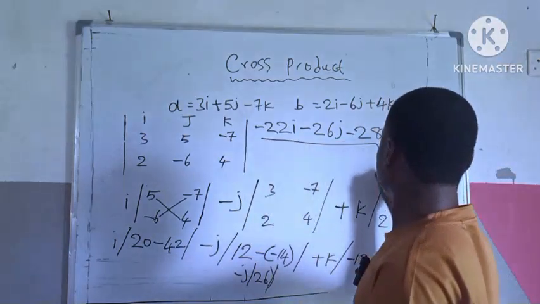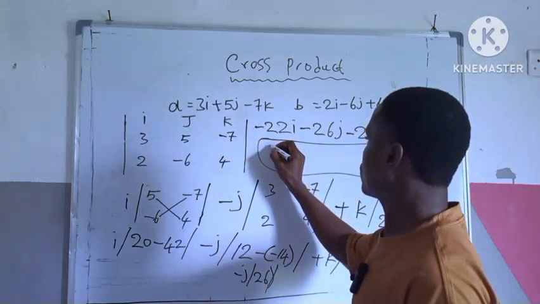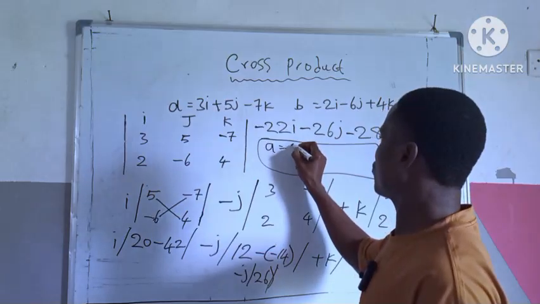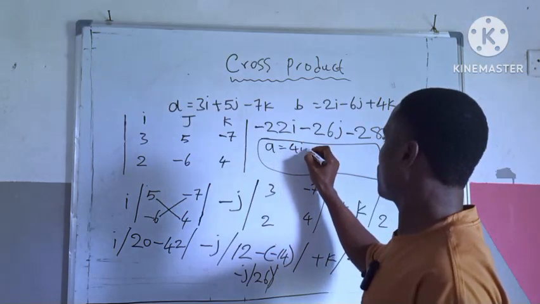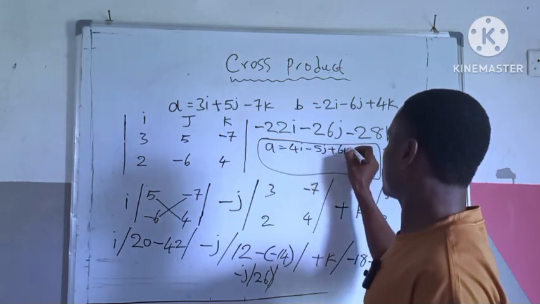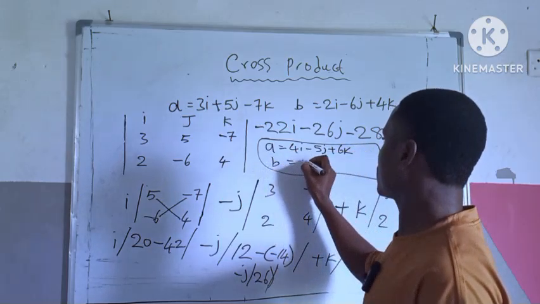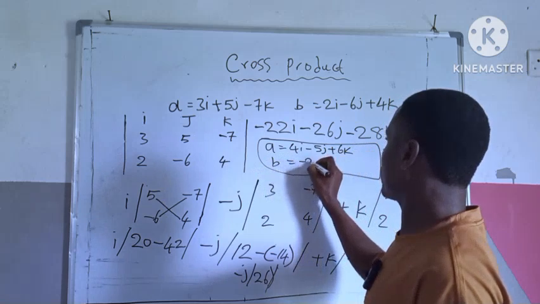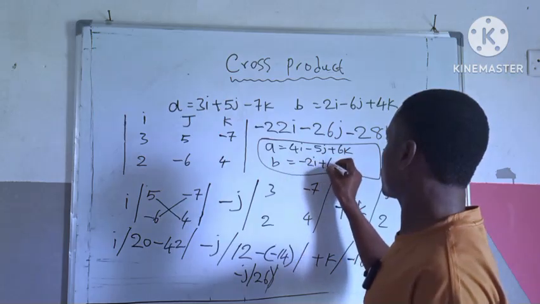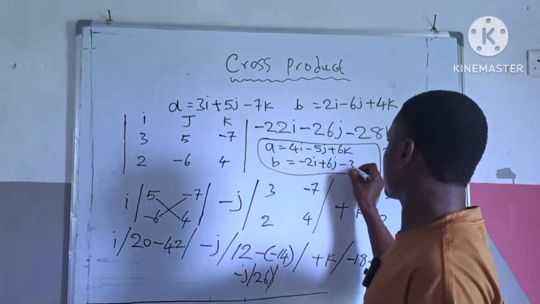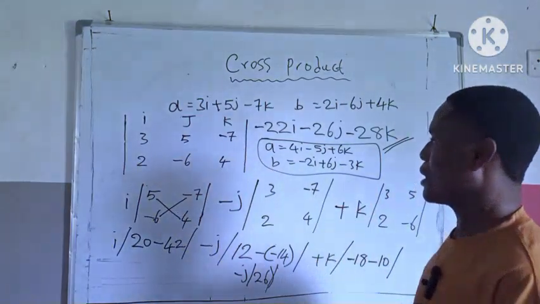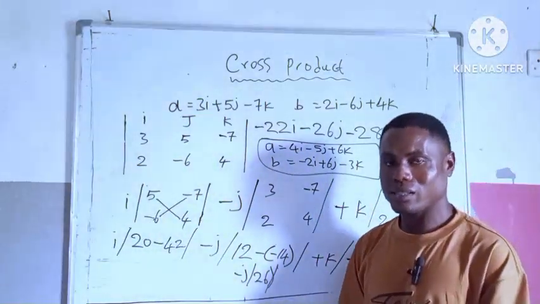A is given as 4i minus 5j plus 6k, and B is minus 2i plus 6j minus 3k. So solve it and drop the answer in the comment section.